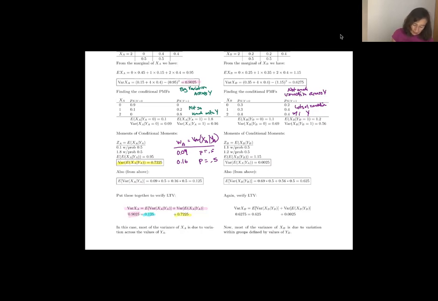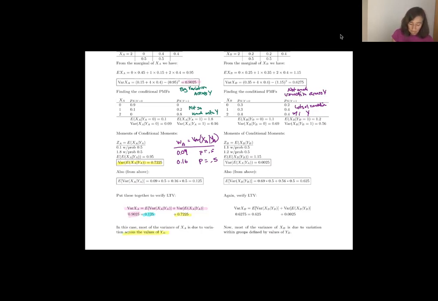When the variance of the expected values is large, when what we expect about x given the value of y has a lot of variance to it, it means that the variation across the values of y is the larger number.